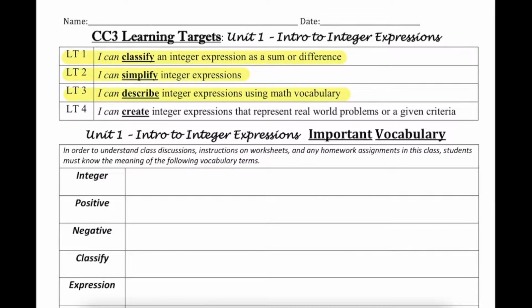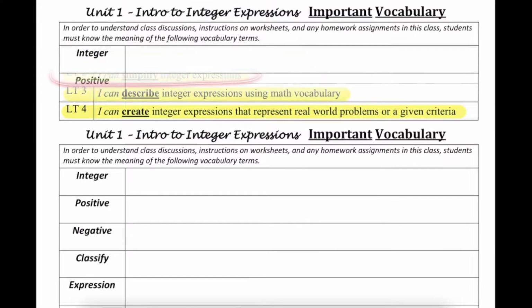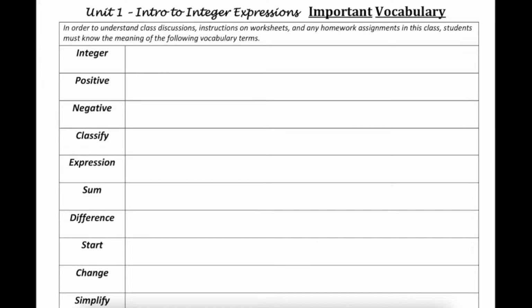And learning target 4: I can create integer expressions that represent real-world problems or a given criteria. In this video, we are going to be looking specifically at learning target 1 and a little bit of learning target 2.